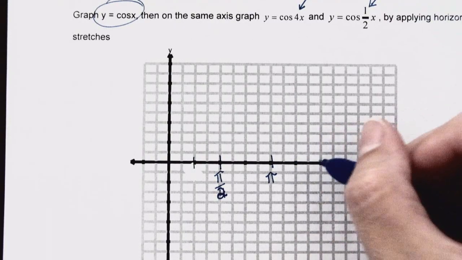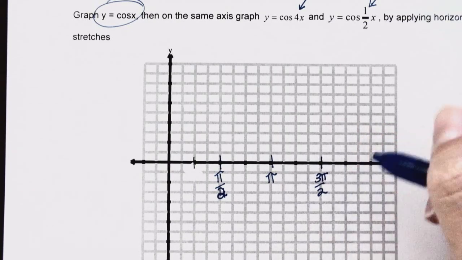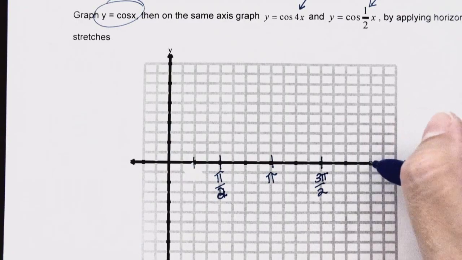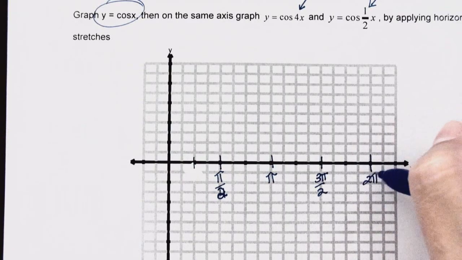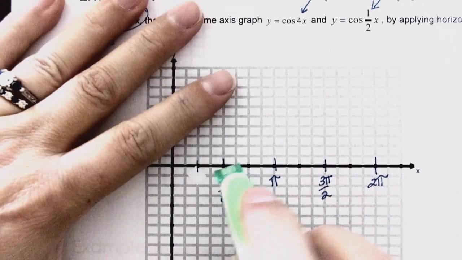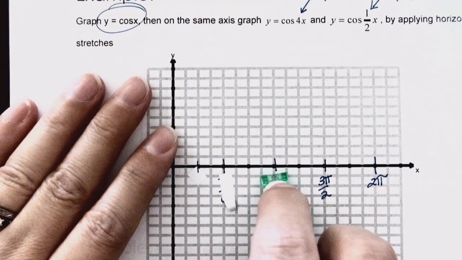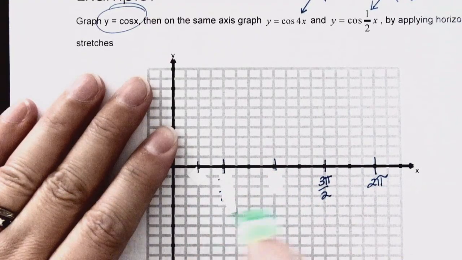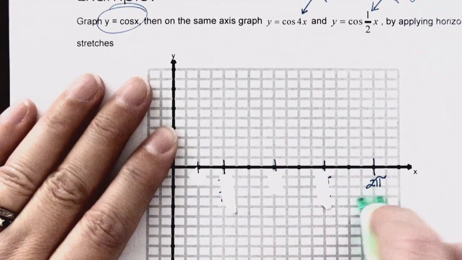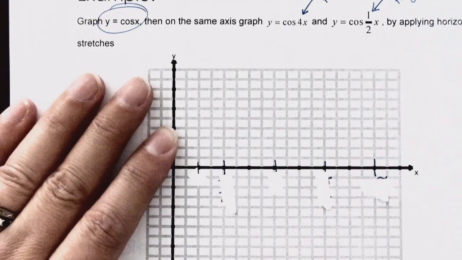1, 2, 3, 4. Okay, so put. Oh, did I mess that up? I did mess that up already. And I'm not using an erasable pen. Every fourth one, go pi over 2.